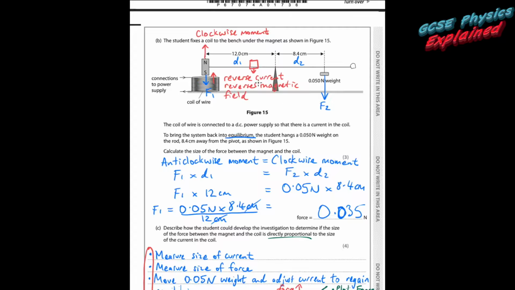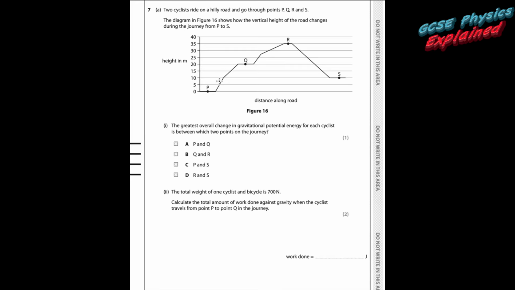Question 7, Part A. 2 cyclists ride on a hilly road and go through points P, Q, R and S. The diagram in figure 16 shows how the vertical height of the road changes during the journey from P to S. Well, there's the vertical height there. Part 1.